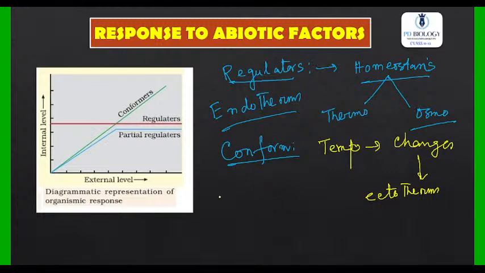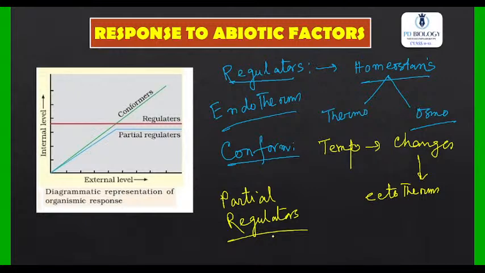Here we see partial regulators. Like a person of moderate means who is unable to afford an air conditioner in summer or a heater in winter.